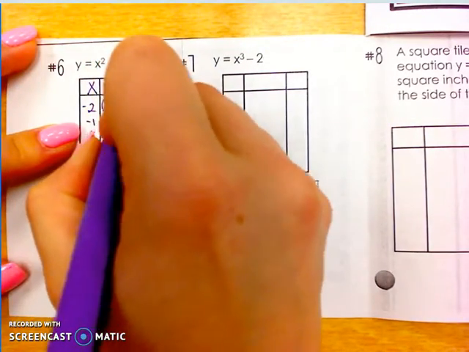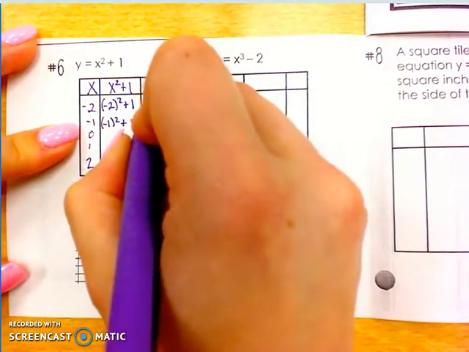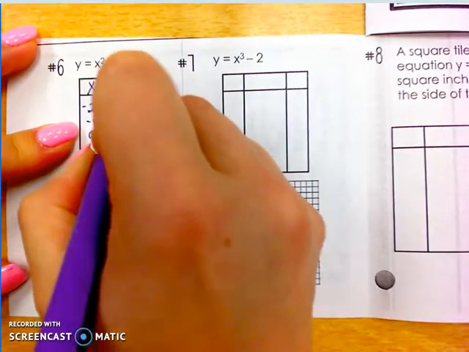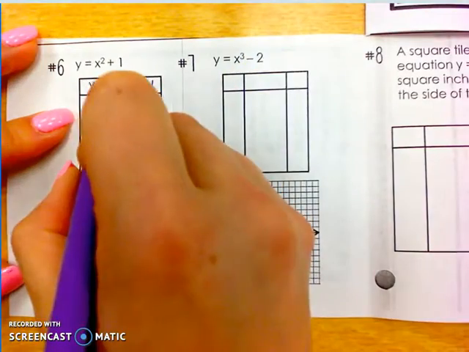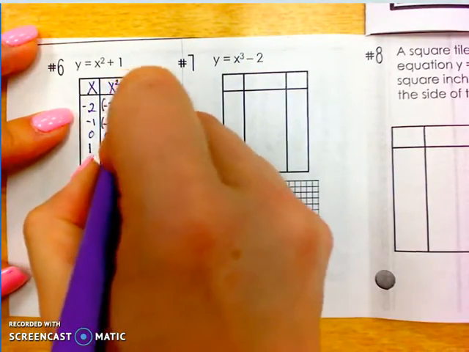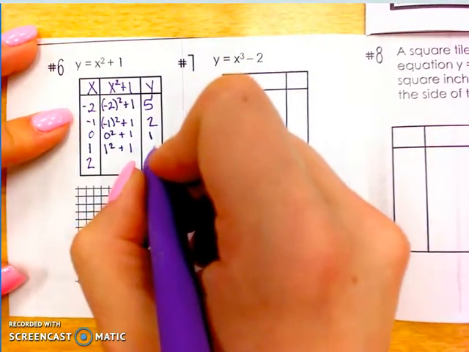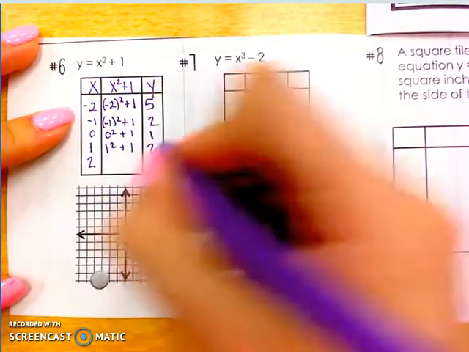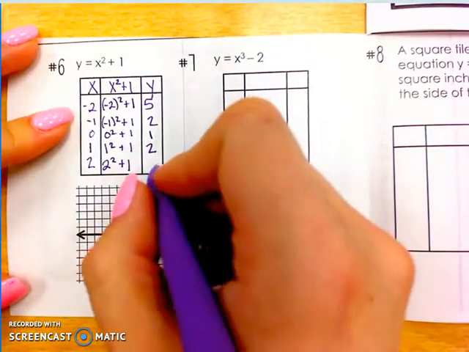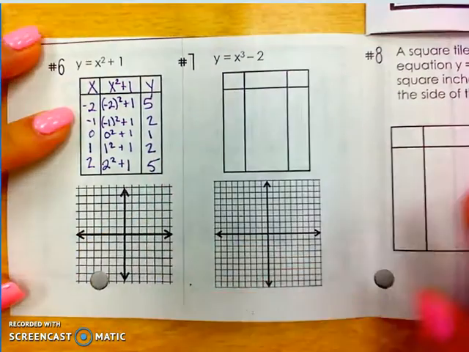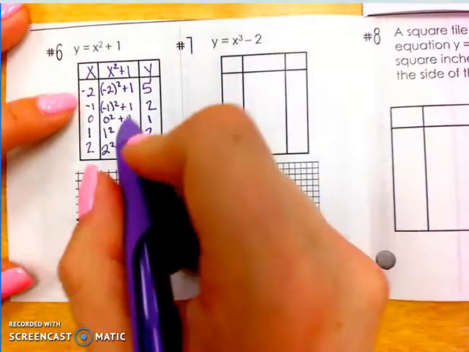-1 squared plus 1 is 2. 0 squared plus 1 is 1. 1 squared plus 1 is 2. And 2 squared plus 1 is 5. And now graph your points.